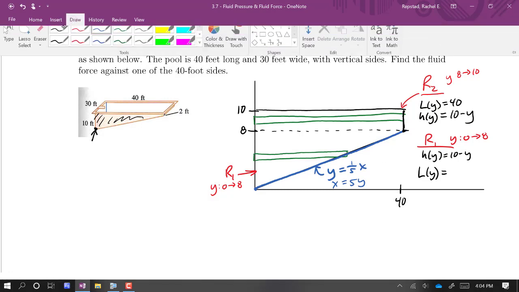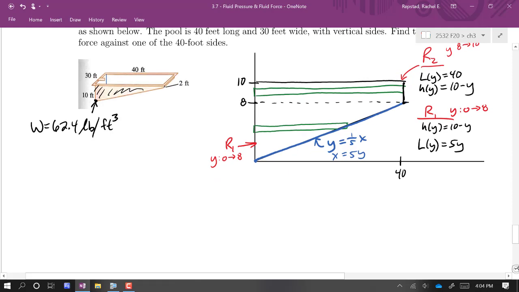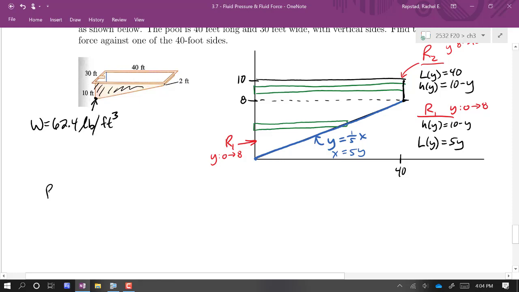So that is our L of y. Alright, I think we have everything we need. I'm going to assume that we're filling it with water, so W is still 62.4. Alright, so let's do the region 1 first.